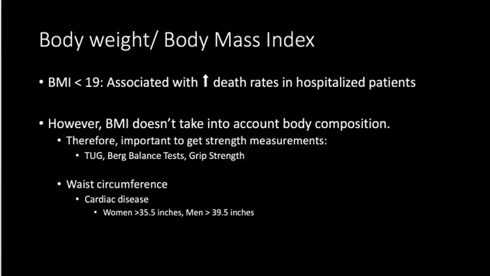Body mass index, if you don't know, looks at your weight compared to your height. Waist circumference is very important to take because increased abdominal girth for women greater than 35.5 inches or men greater than 39.5 inches is associated with risk for cardiovascular disease.